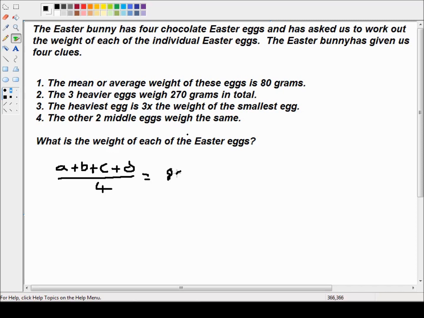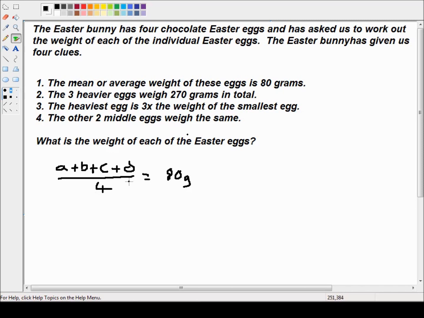The reason I'm writing this down is because the mean average is calculated by adding up the weight of all and then dividing by how many you've got. Now we've got 4 eggs, we're told that in the question. So I've labelled them A, B, C and D. And we're told that the mean or average weight of these eggs is 80 grams. So A plus B plus C plus D all divided by 4 is 80 grams.